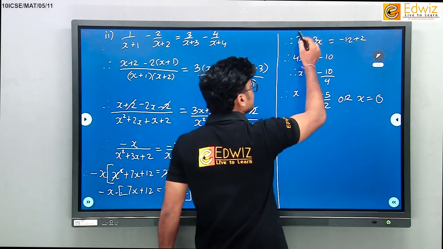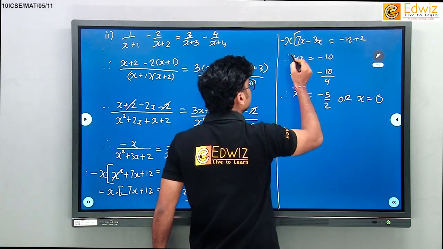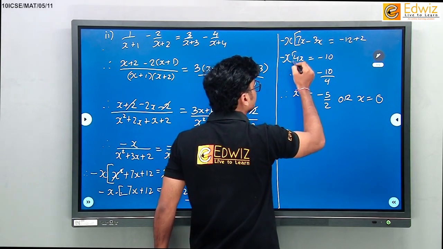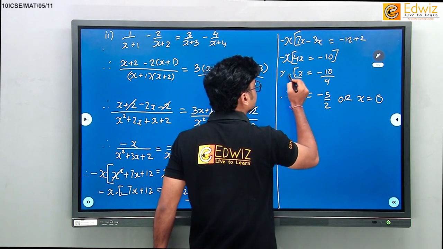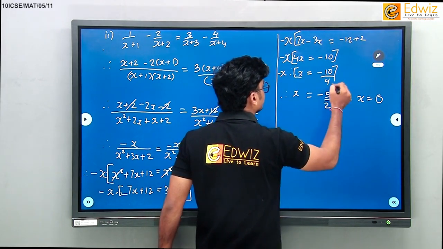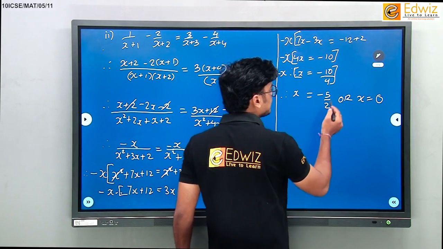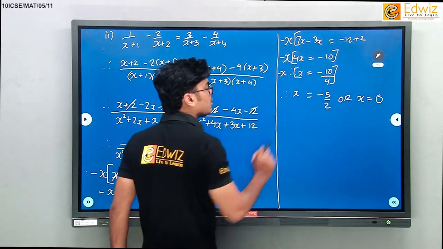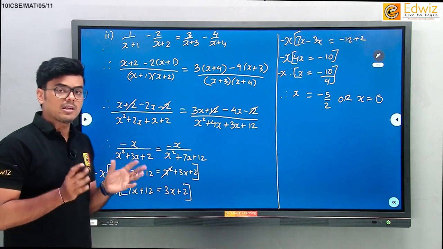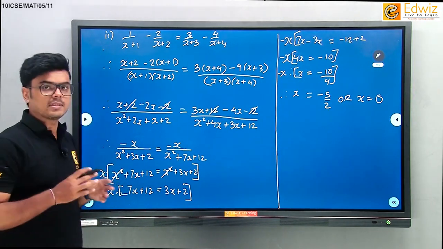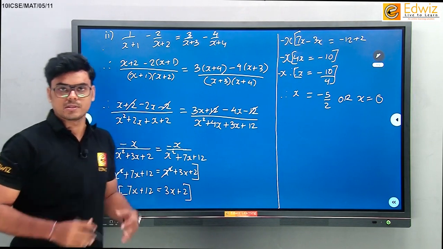Again, in the further steps, write -x common. Okay, so finally you can say that x equal to -5 by 2 or x equal to 0. This is how you can write this question. Now I'll give you 30 seconds to note this down, then we'll move on to the next question.